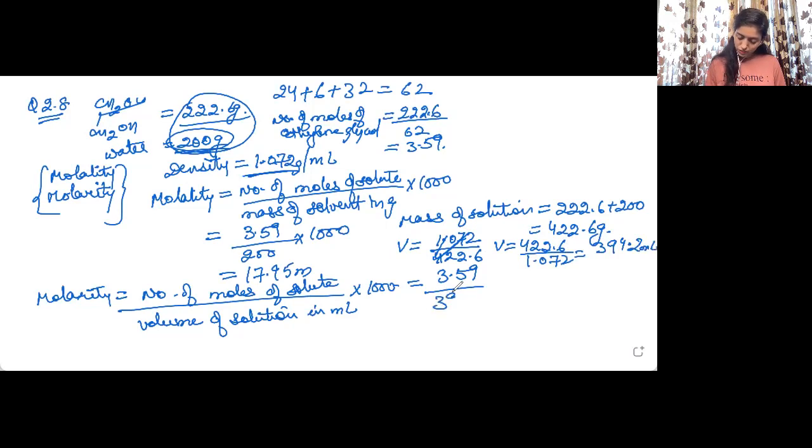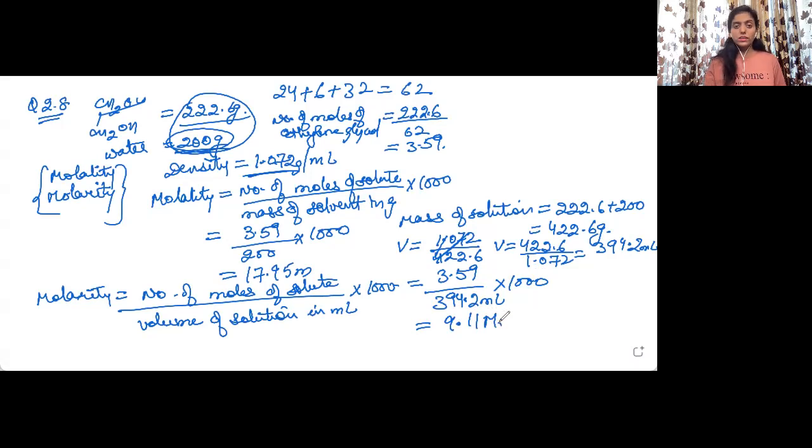So we can just put it here, multiplied by 1000. So it will be 3.59 divided by 394.2, which is coming out to be 9.11 molar. This is the molarity.